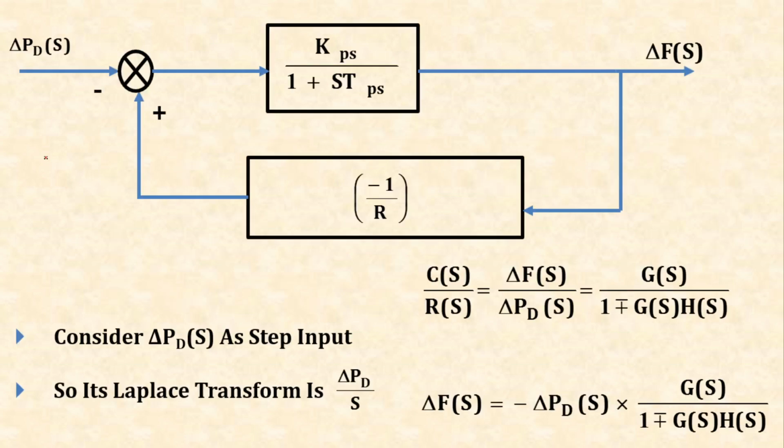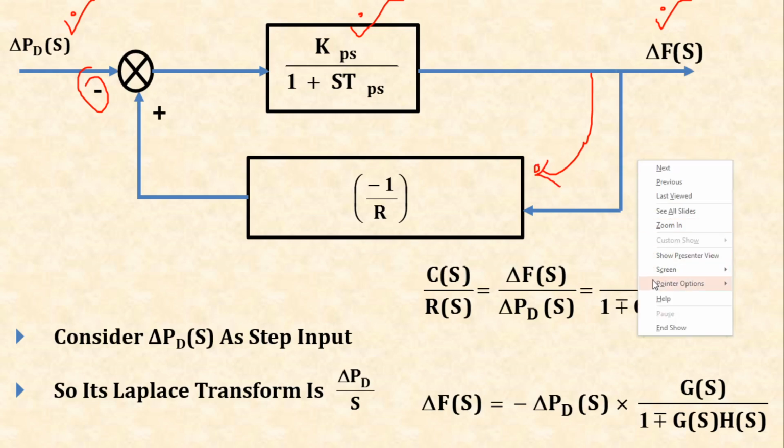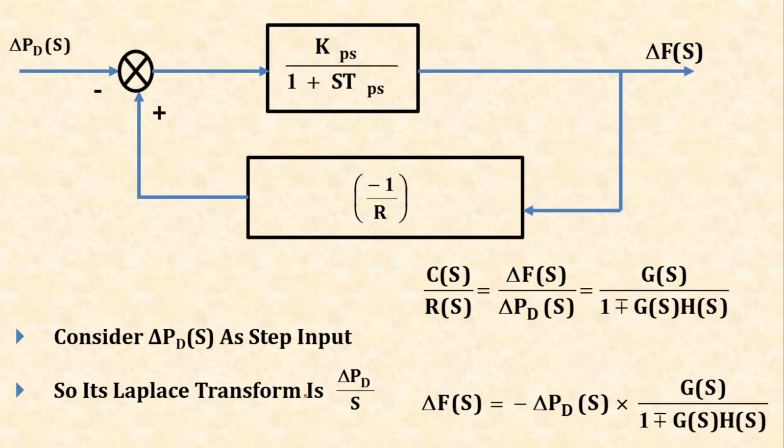So the input is delta PD of S with a negative sign, then the summing point, and the forward path gain is KPS upon 1 plus S into TPS. The output is delta F of S, and the feedback value is equal to minus 1 upon R. So this is our standard block diagram for the dynamic response.